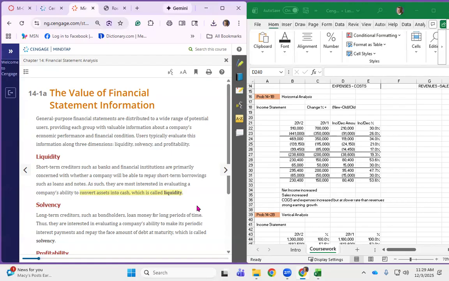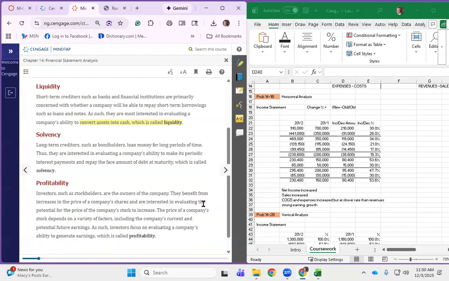And then finally, your fixed assets and your investments. How quickly could they be converted to cash? You'd have to sell them. It might take longer, and so forth and so on. So the liquidity of a business is very important in order to be able to pay bills, basically.